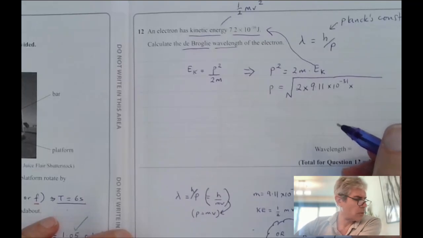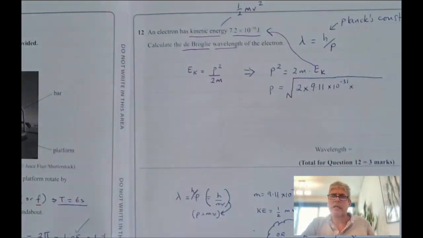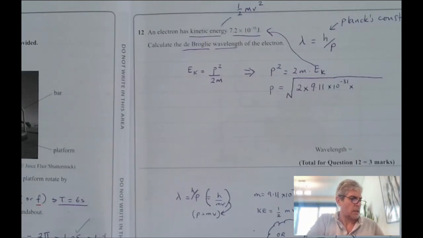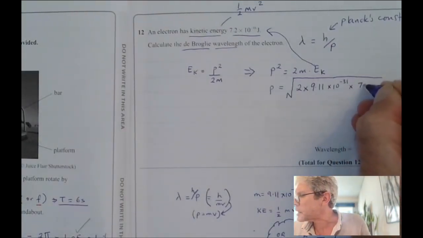I'm still struggling to read it. I'm looking at my notes to make sure I've got the correct energy. Yes, it was 7.2 times 10 to the minus 16.